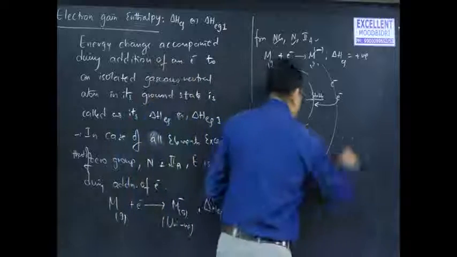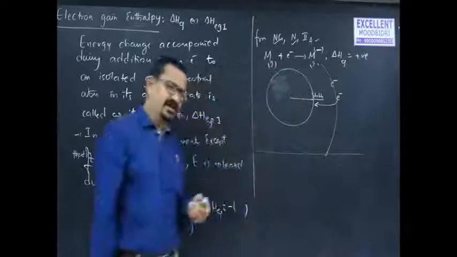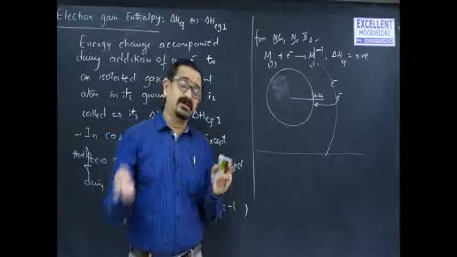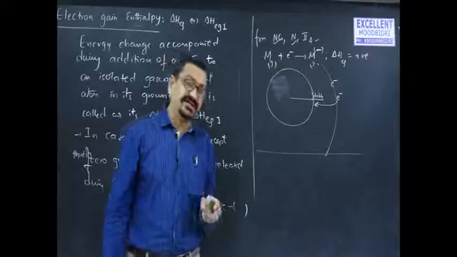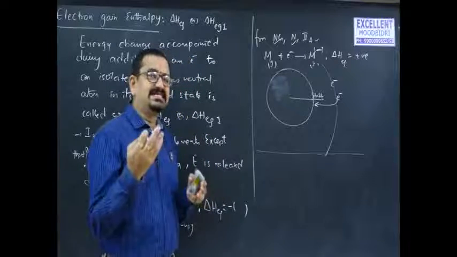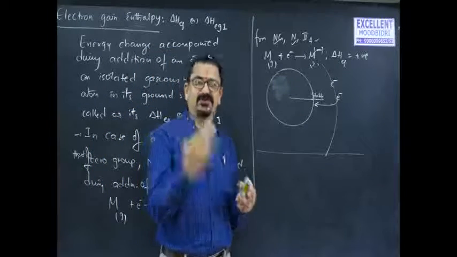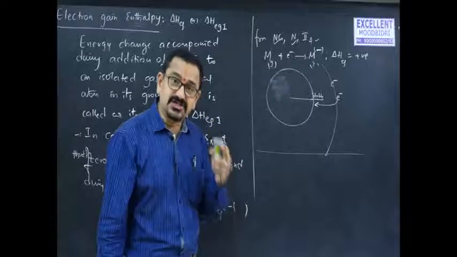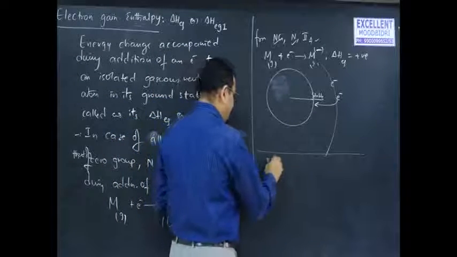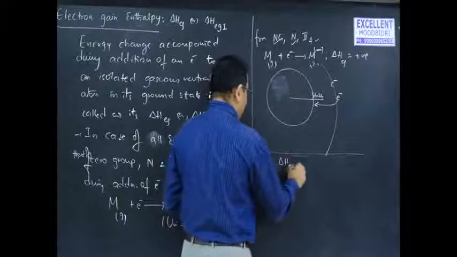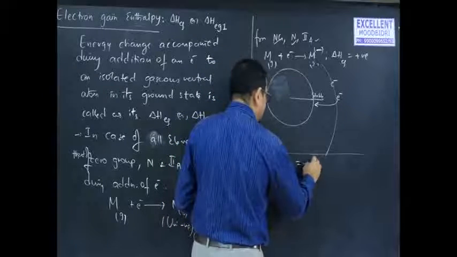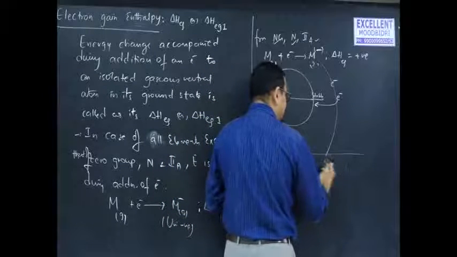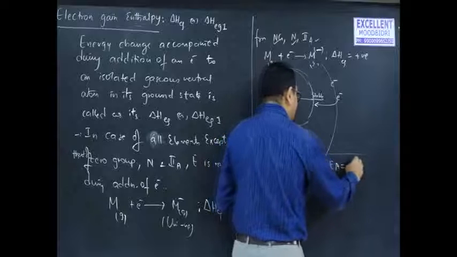Now, one more point we have to notice. Earlier, electron gain enthalpy was also termed electron affinity. Affinity means its affinity to gain an electron. So, if electron gain enthalpy is negative, it is said to have positive electron affinity.